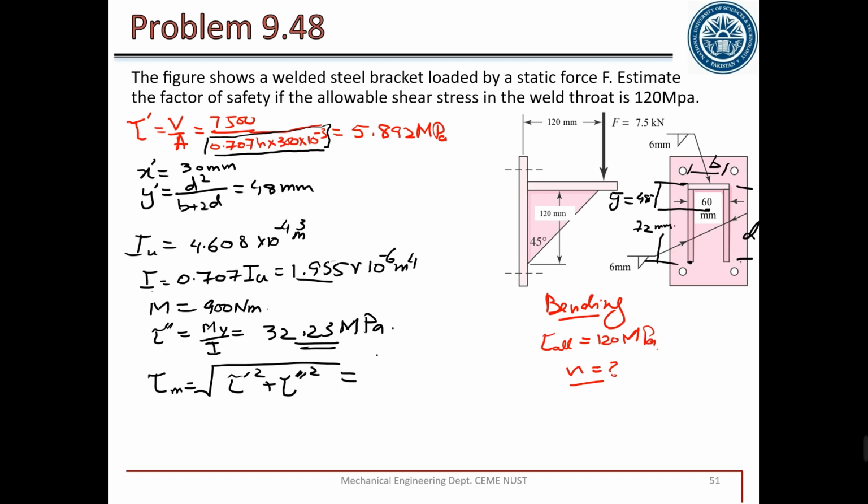Substituting values, we get tau max equal to 32.76 MPa. We have the maximum allowable stress given, so check the factor of safety. Factor of safety is equal to tau allowable divided by tau max. 120 divided by 32 gives us a factor of safety of 3.66. So in this case, our weld is secure by a factor of 3.66.